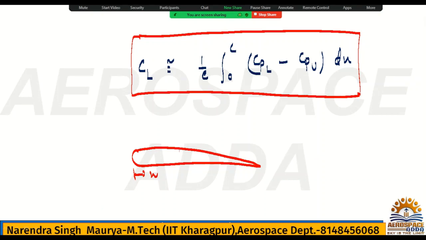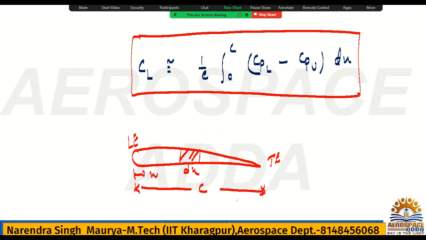I have taken one small part, which is nothing but dx. This is the leading edge, this is the trailing edge. The chord length is nothing but this.